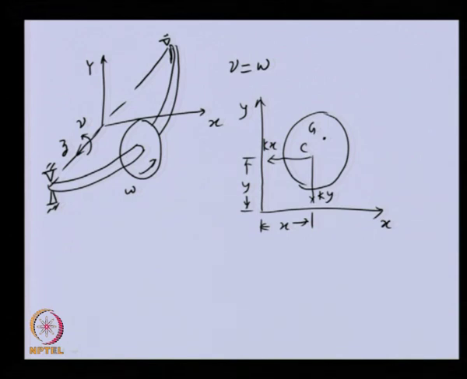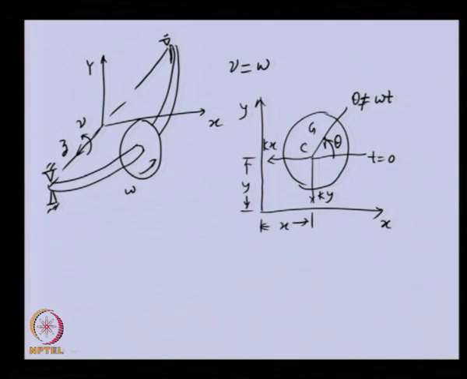So, if our time reference is the x axis, then this particular angle I am representing as theta, which is a function of time, and theta is equal to omega t for constant speed, but at present we are not considering that as constant. So, this is not equal to omega t.